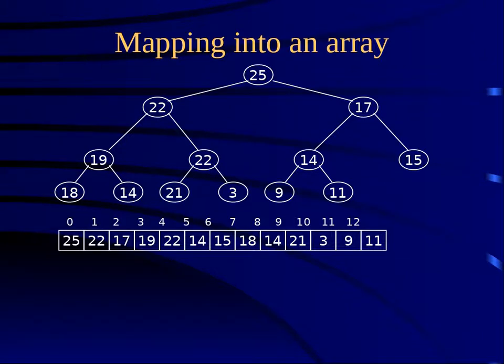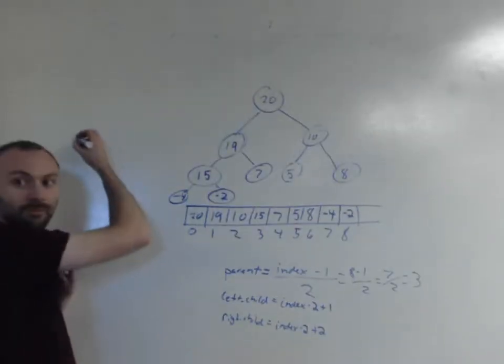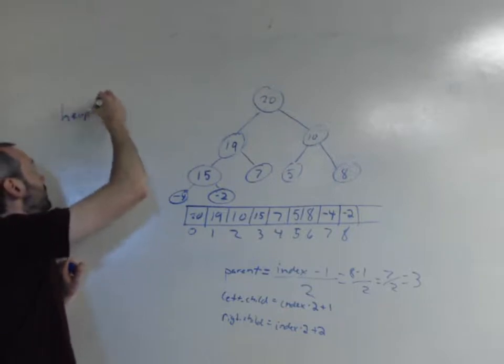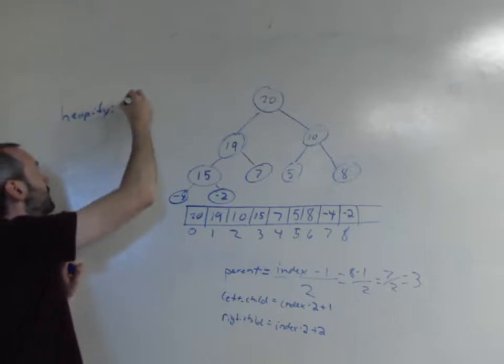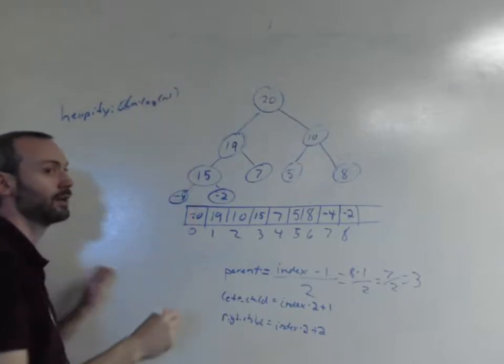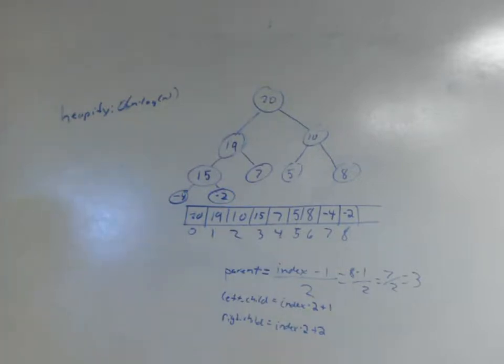So heapify is O of n log n, and that's taking an array and heapifying it. Notice that unlike merge sort, we are not consuming any more memory. So this is an in-place algorithm so far, which is great.